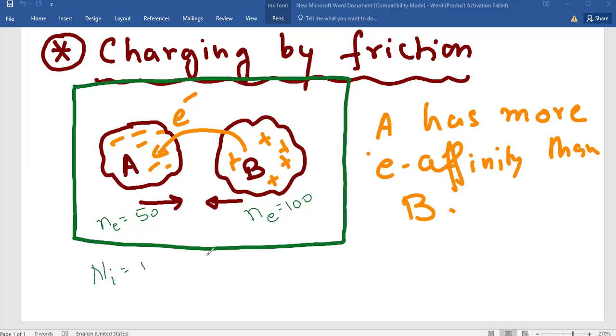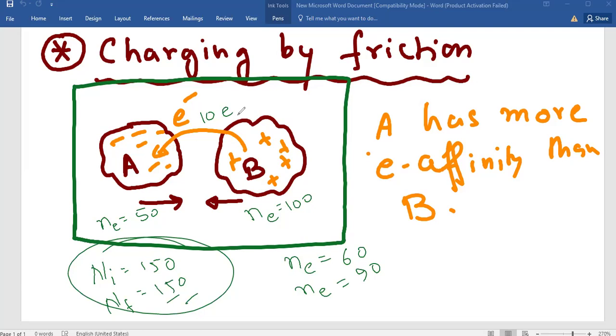It is 150. Now let's say 10 electrons move from B to A. Now the number of electrons in A becomes 60, whereas in B it becomes 90. Here also we can say that the final number of electrons of this system is still 150. It is just that electron distribution has taken place.